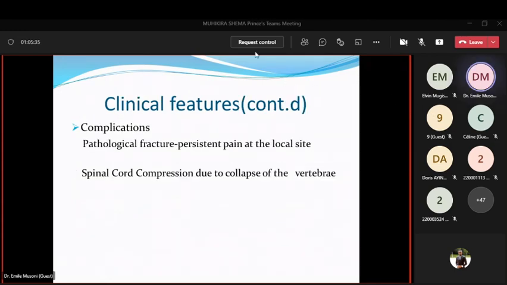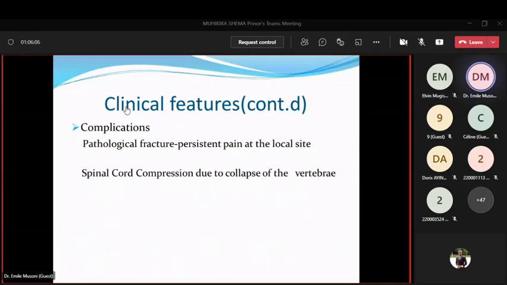It is found with pathological fractures. When you see on the X-ray of an elderly person a fracture without physical injury, most of the time think that you are dealing with multiple myeloma. The same applies to spinal cord compression due to collapse of the vertebrae.